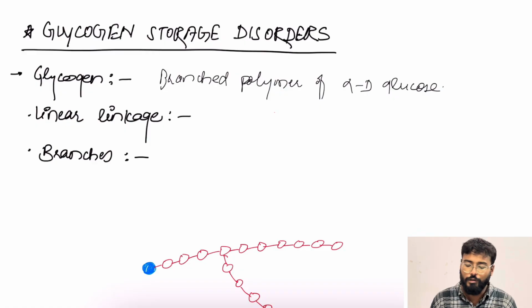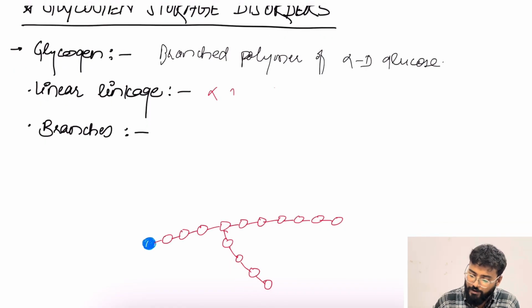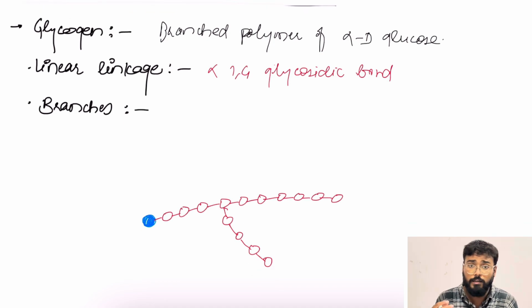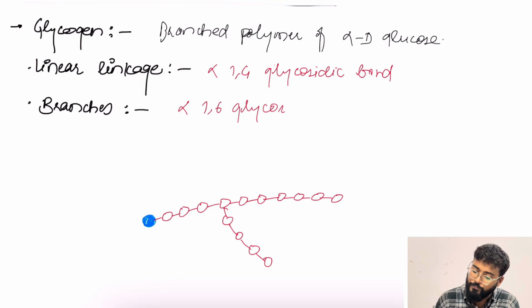As we already know, glycogen is a branched polymer of alpha D glucose, and the linear linkage is due to the alpha 1,4 glycosidic bond, and the bond from where the branch originates is the alpha 1,6 glycosidic bond.